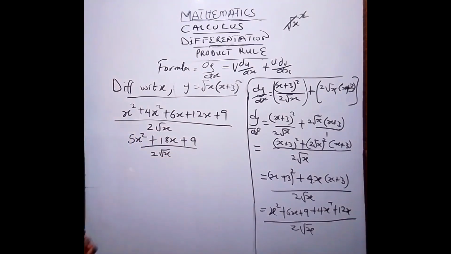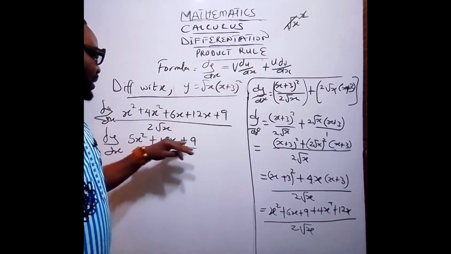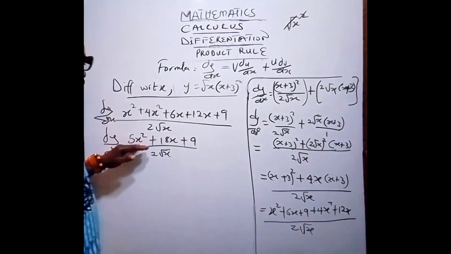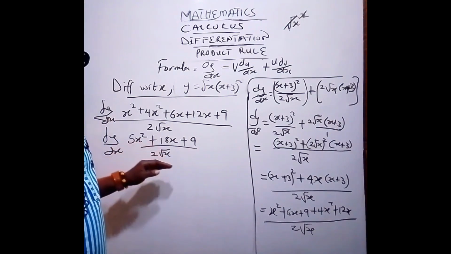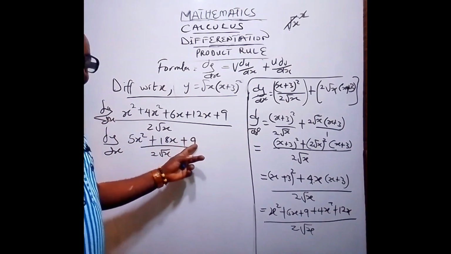Now, don't forget, we are still working on the dy/dx. You can see that the numerator has turned into a quadratic expression, which is 5x squared plus 18x plus 9.